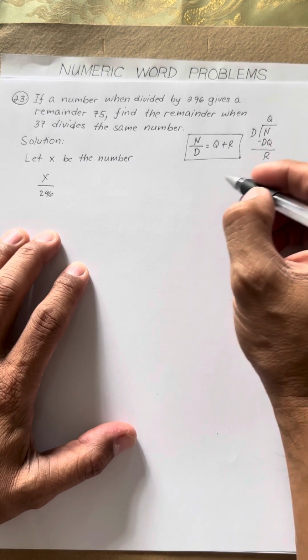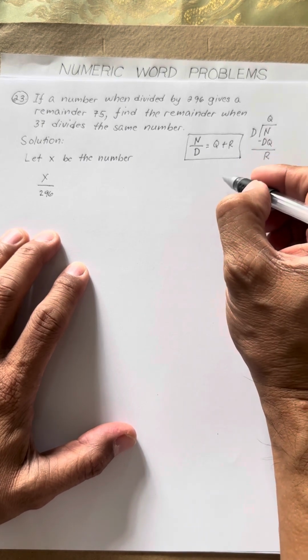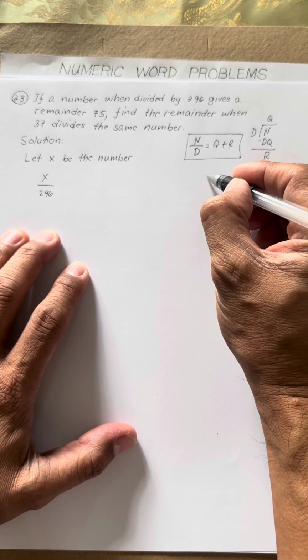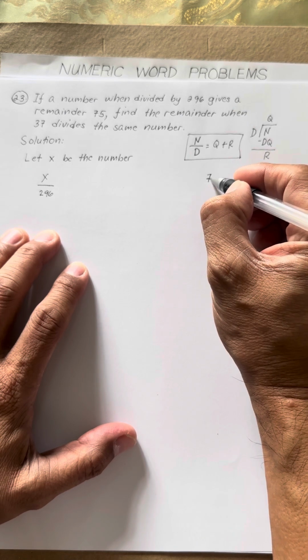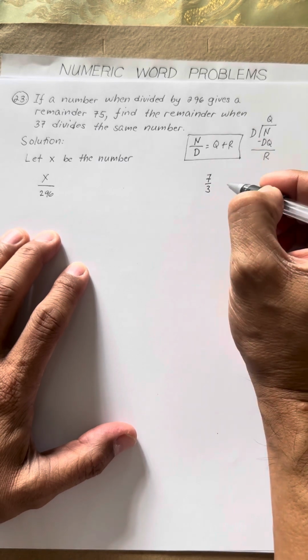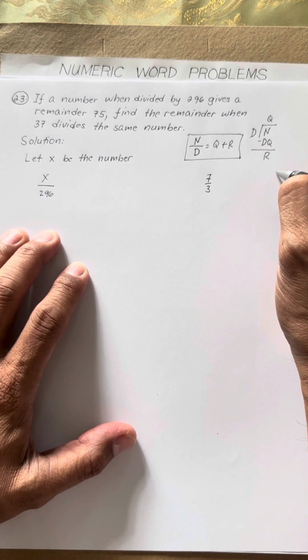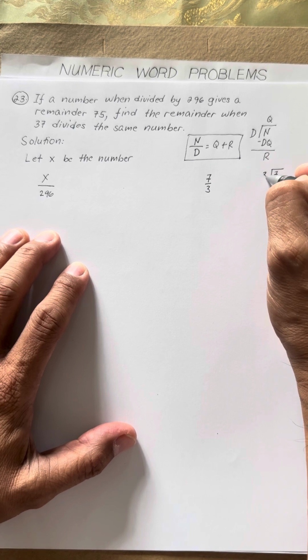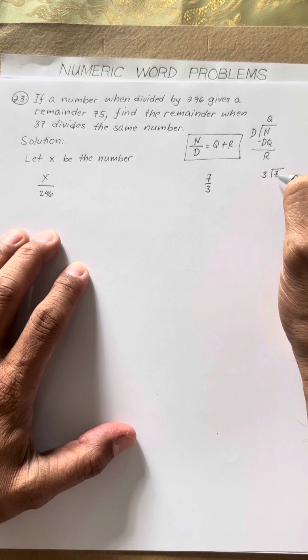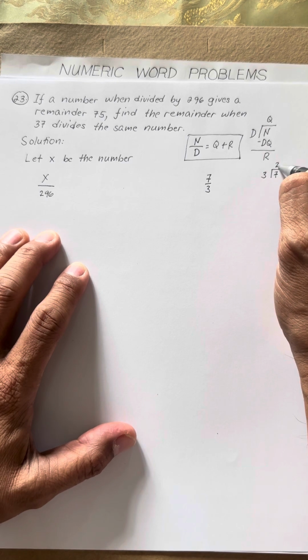Okay, for example, to make it much clearer, if you're given 7 divided by 3, so if you do the long division, 7 divided by 3, we find a number which is equal to 2.